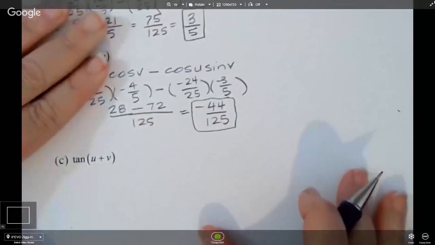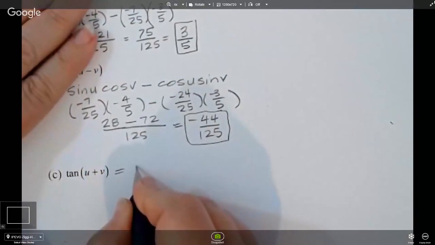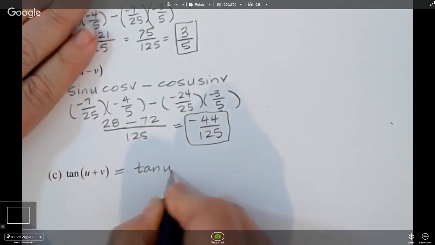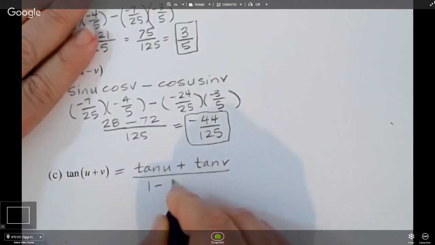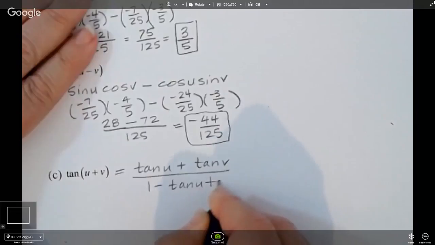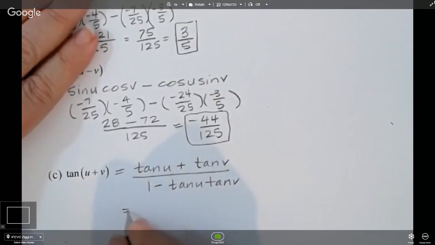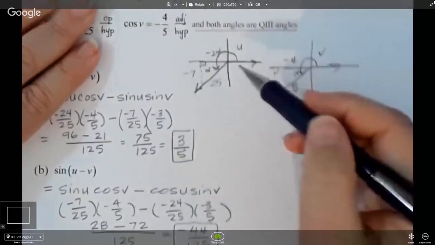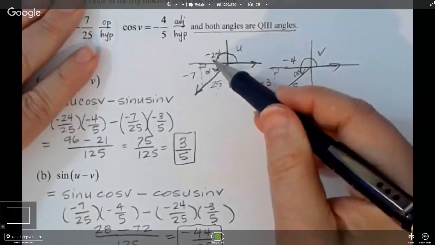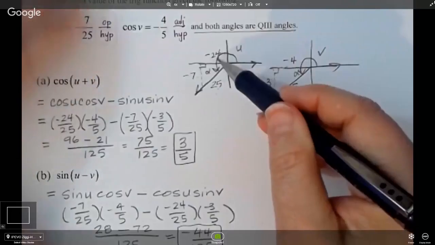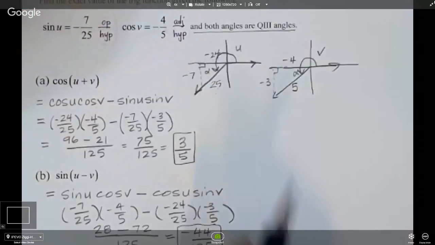All right, the tangent of u plus v is equal to, if I use the expansion, the tangent of u plus the tangent of v all over 1 minus the tangent of u, tangent of v. The tangent of u, well, let's go to our triangle. The tangent of u is going to equal the opposite over the adjacent, which will be negative 7 over negative 24.